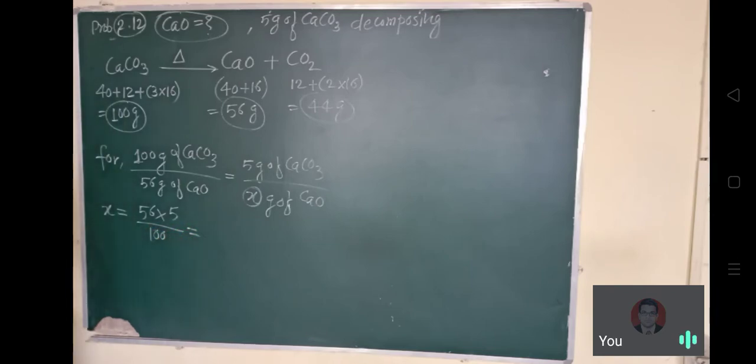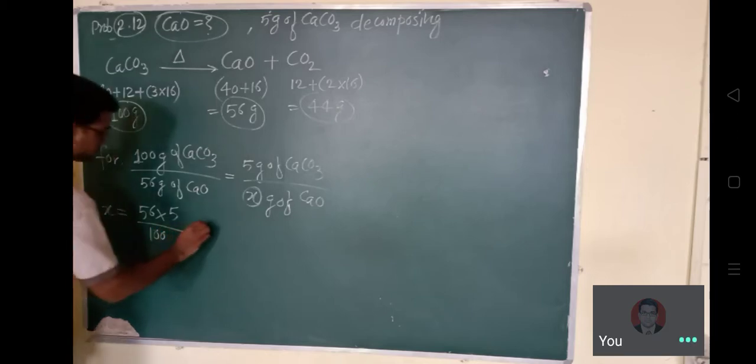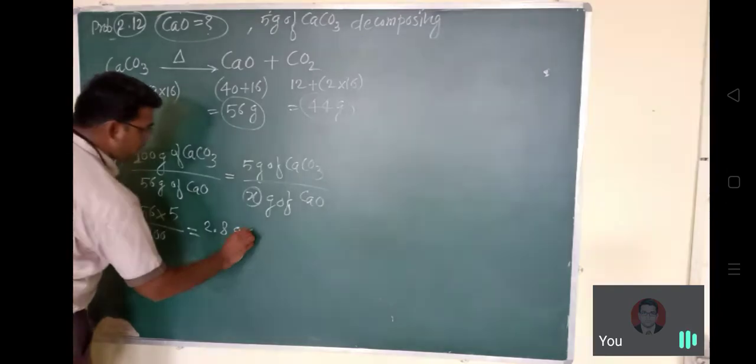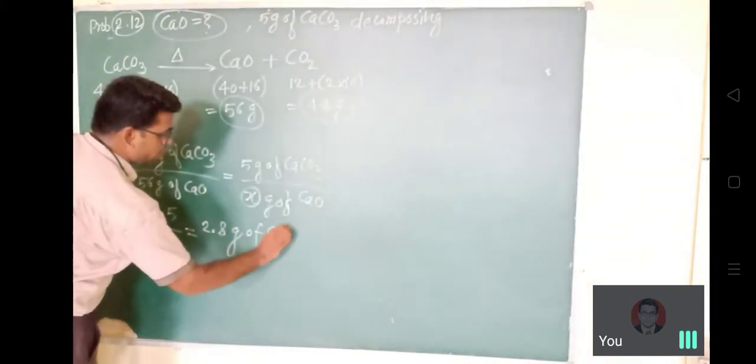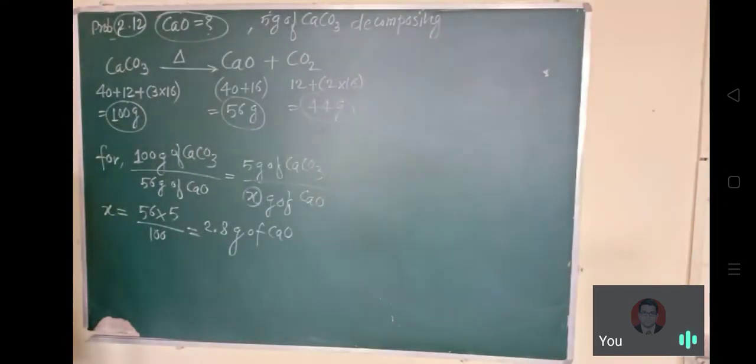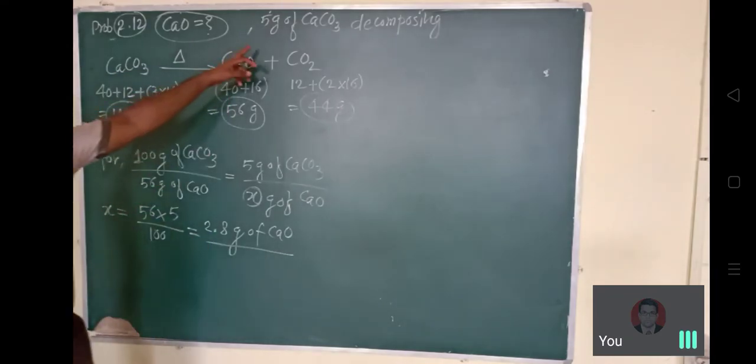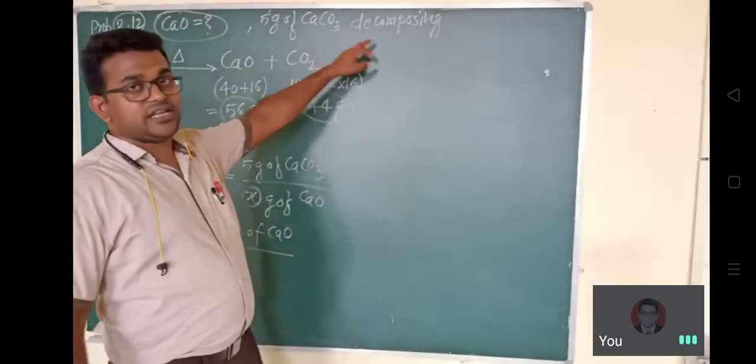The answer coming is 2.8 grams, of calcium oxide. 2.8 grams of calcium oxide will be formed when 5 grams of calcium carbonate gets decomposed.